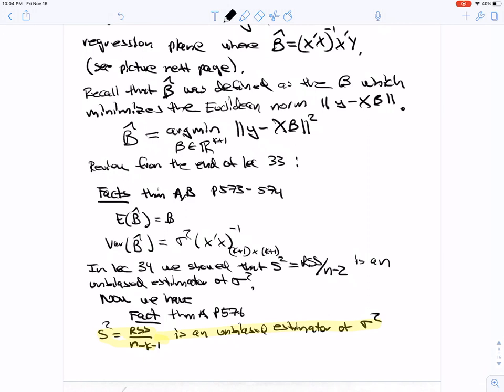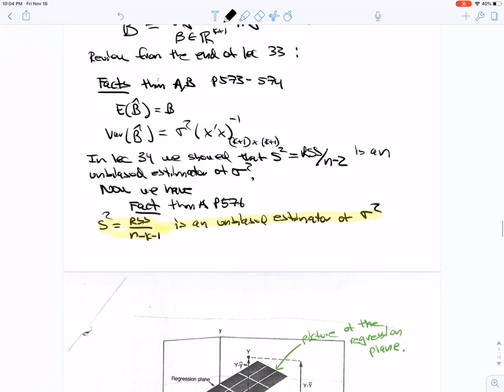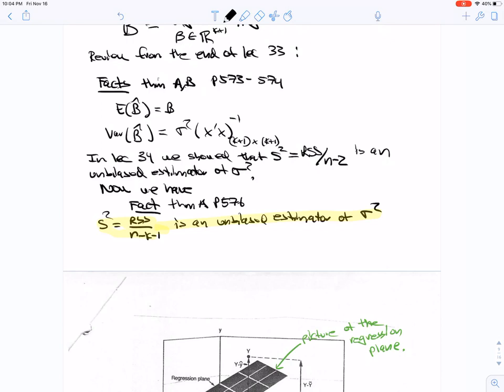So some facts from before that we talked about: theorem B on pages 573 to 574. The expectation of beta hat is beta. The variance of beta hat is sigma squared x transpose x inverse, which is a k plus 1 by k plus 1 matrix now. In lecture 34, we showed that s squared, RSS over n minus 2, is an unbiased estimator of sigma squared.